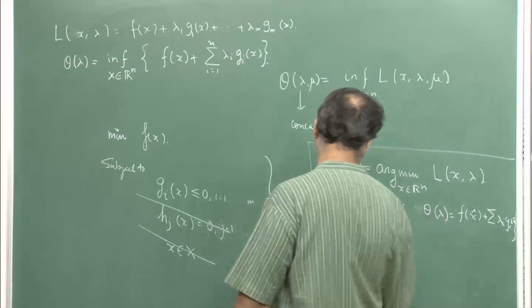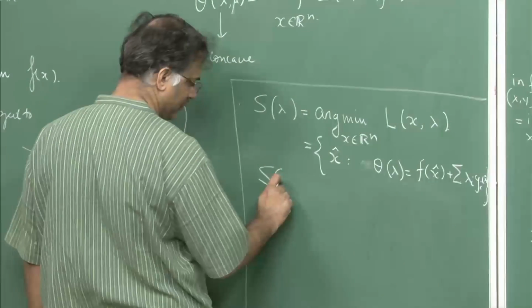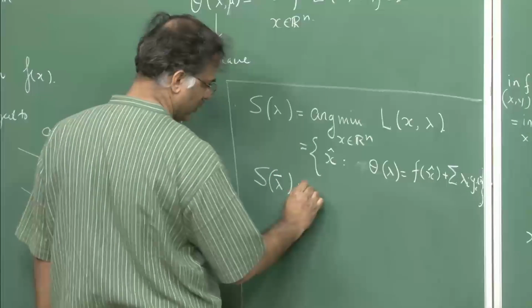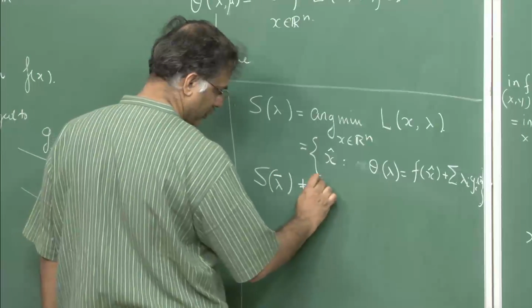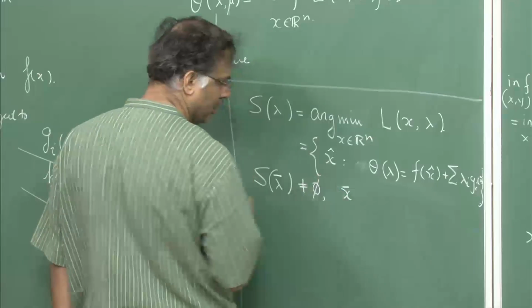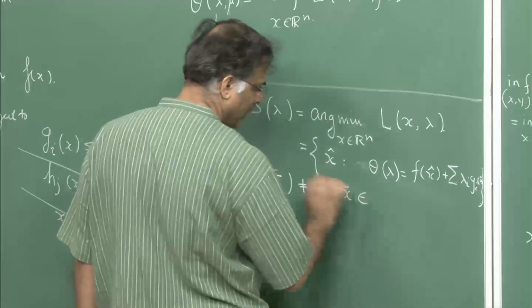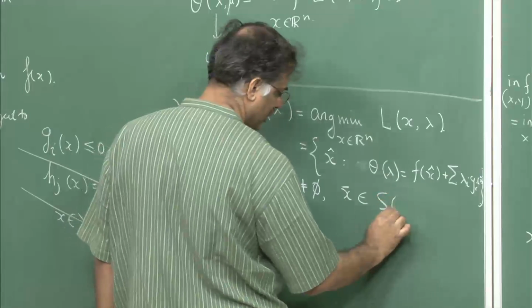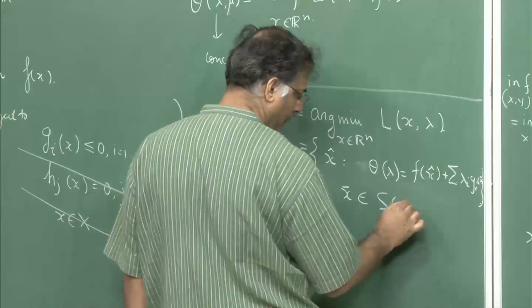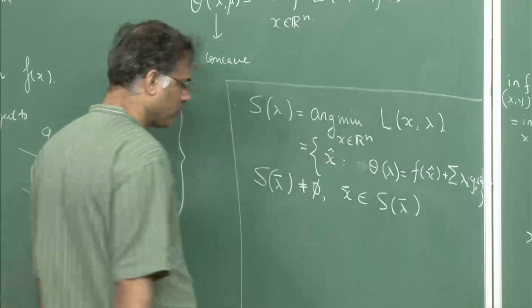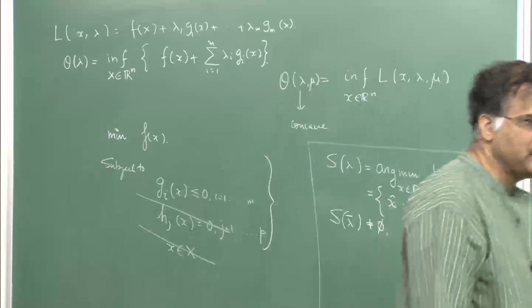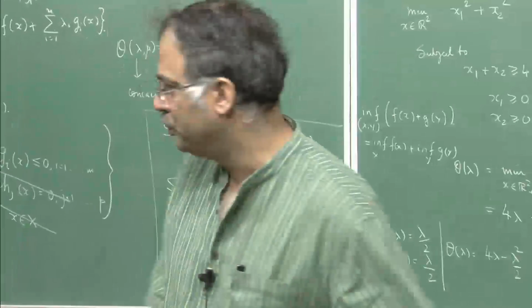Now, suppose S lambda bar is not empty, and let us take x bar as an element of S lambda bar. Once I have this information, what can I do?